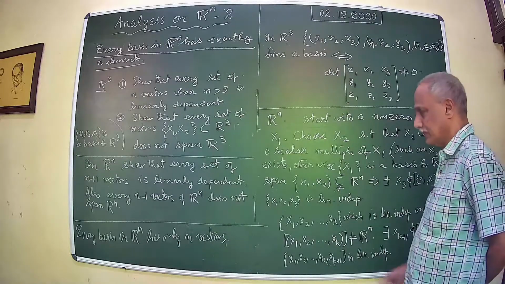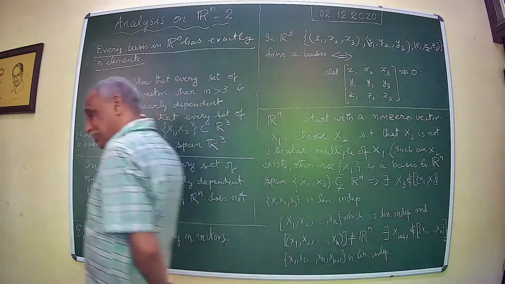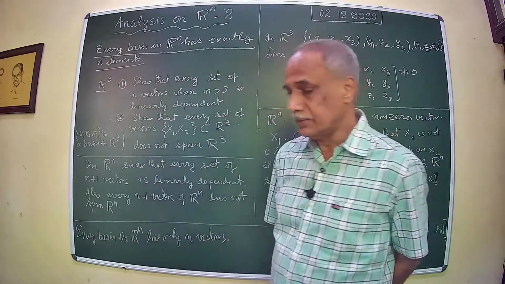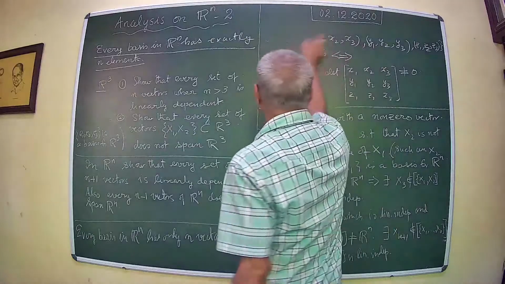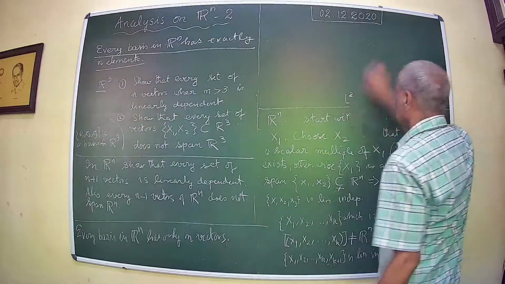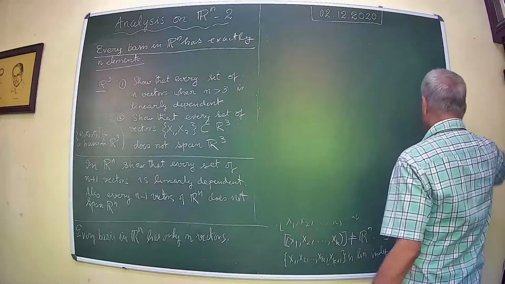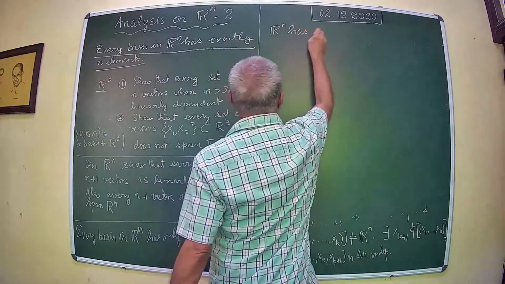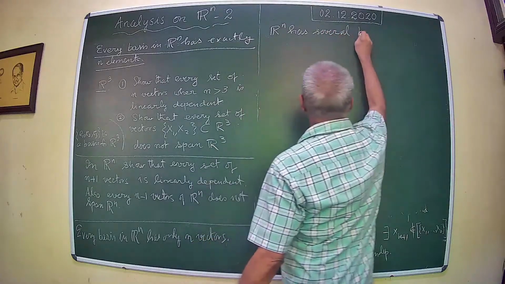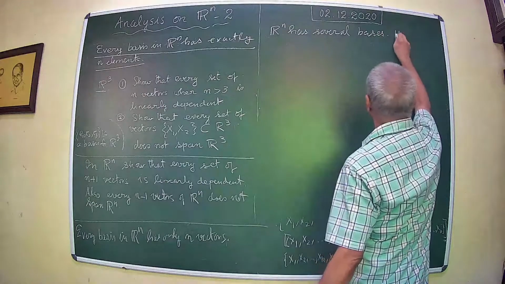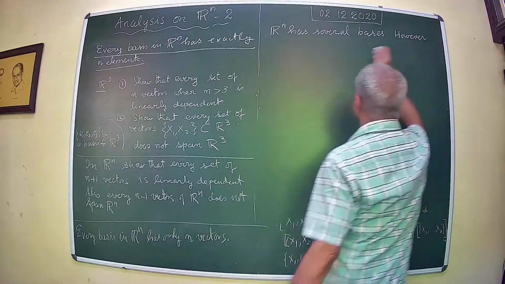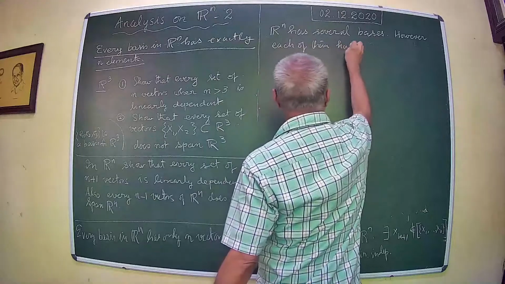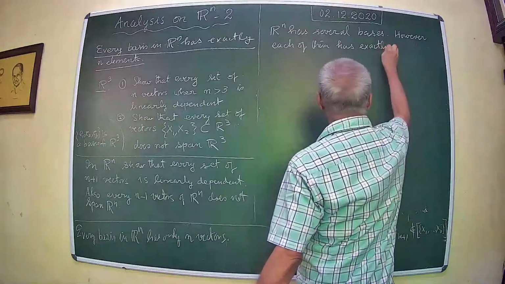They form a linearly independent set. So the important fact is that Rn has several bases, but each one of these bases will have exactly n elements.